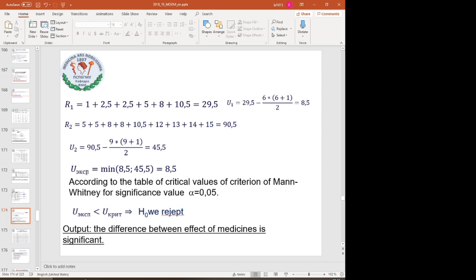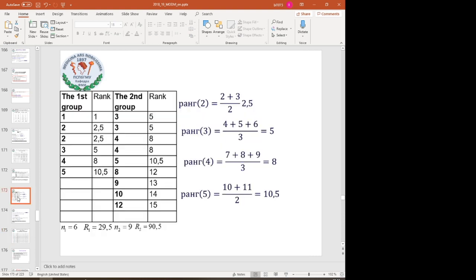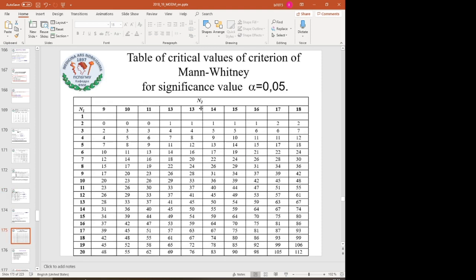We'll look at another table because our biggest sample has more than 8 members, so we don't search for a p-value, we search for the critical value here. n2 is 9, and n1 is 6, so the critical value is 10.